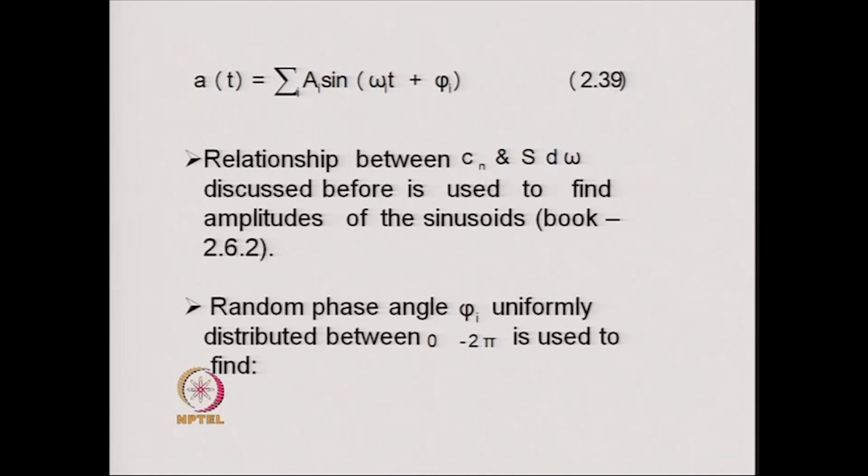The phi i values are random phase angles which are uniformly distributed between 0 and 2 pi, and we now have many standard programs which can generate the random angle uniformly distributed between 0 and 2 pi. So, utilizing that one can generate a time history of ground acceleration or ground motion for a given power spectral density function.